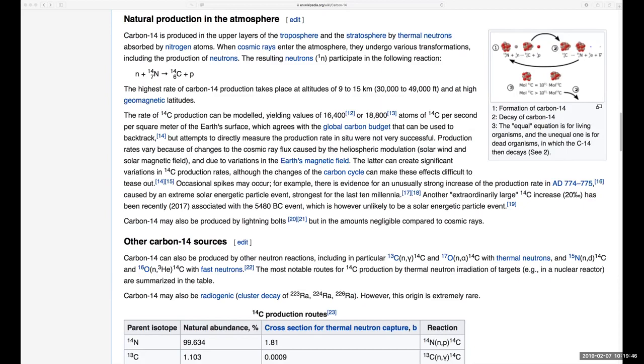Interesting enough, if we go to the next step and understand that you have a carbon and you have, in a way, a tritium.